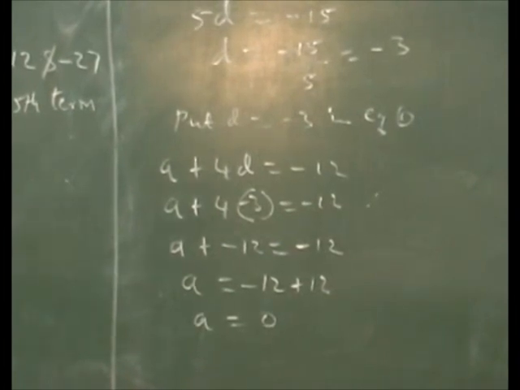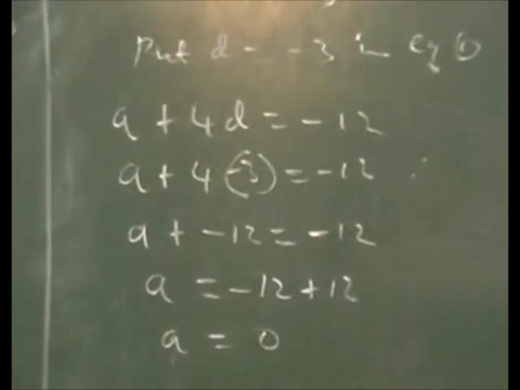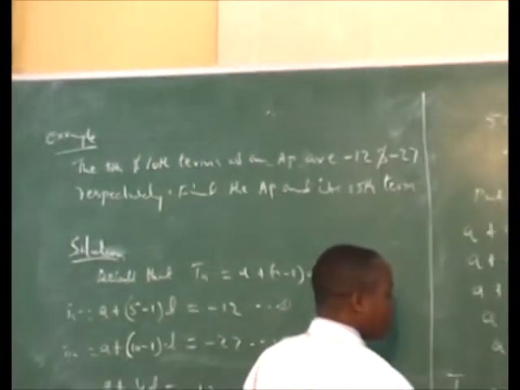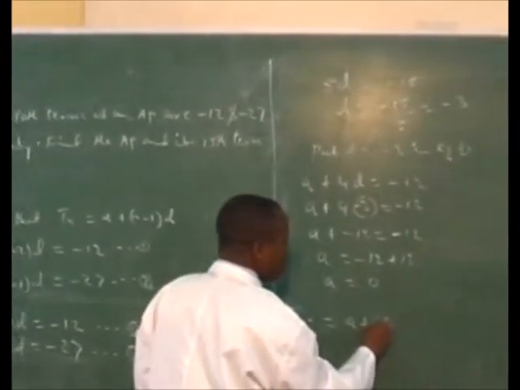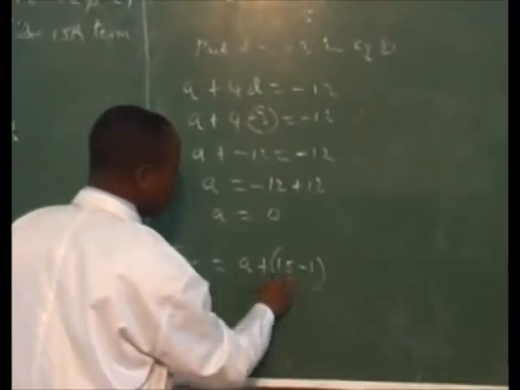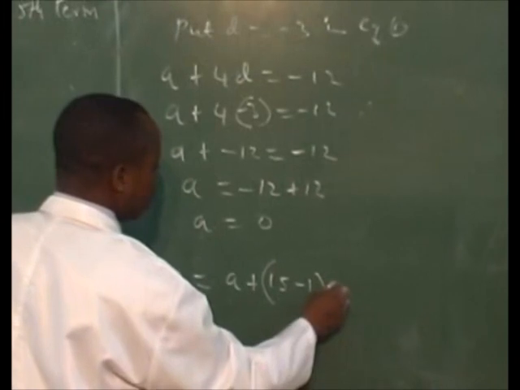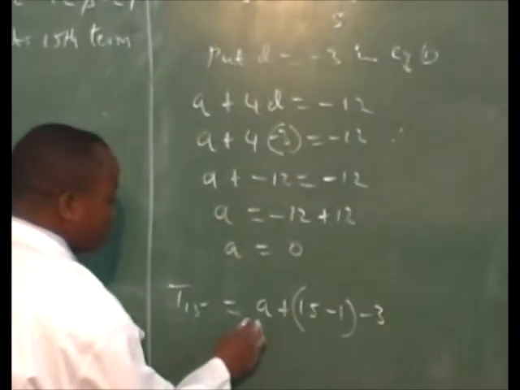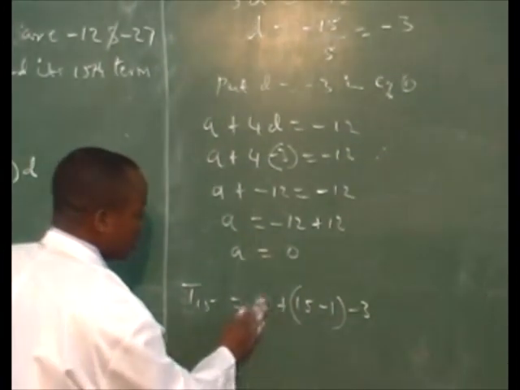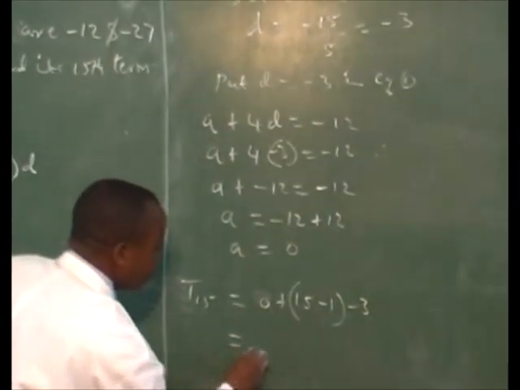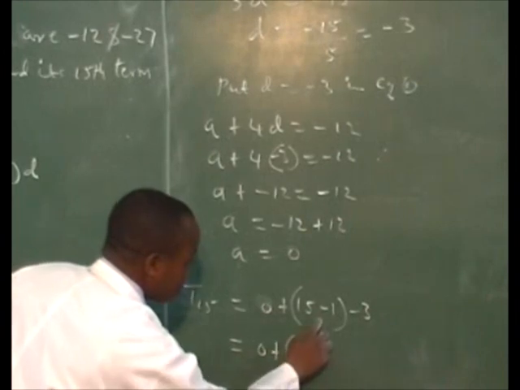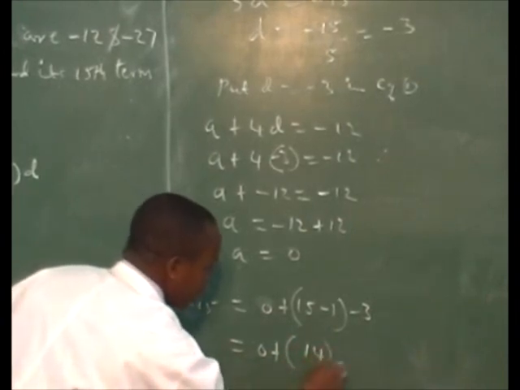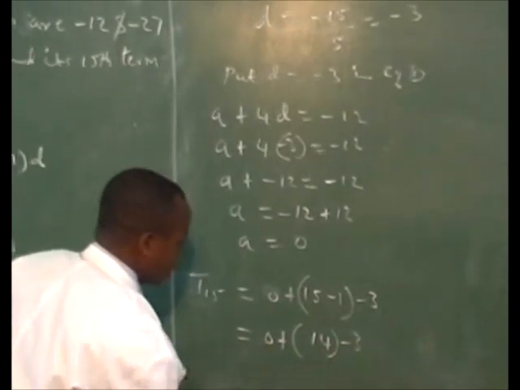Now the question is, we should find its 15th term, so that T15 will be equal to a plus (15 minus 1)d, that is the formula, and our d is minus 3. And what is a? A is 0. So we have 0 plus 14 times minus 3.